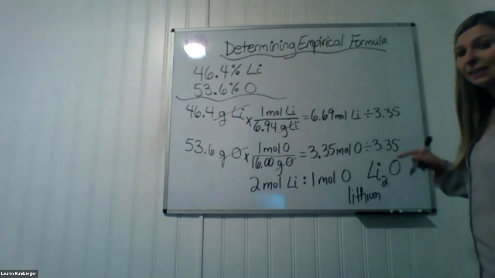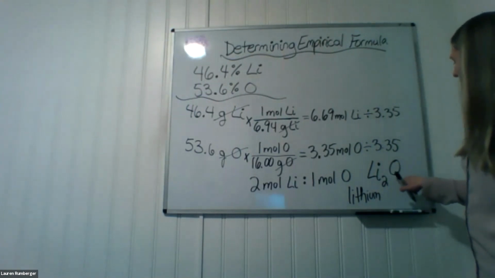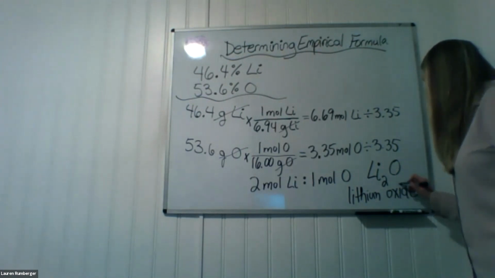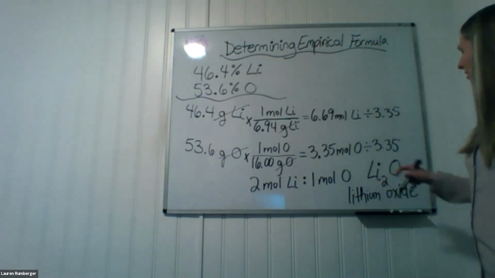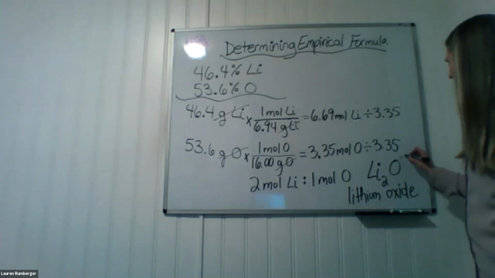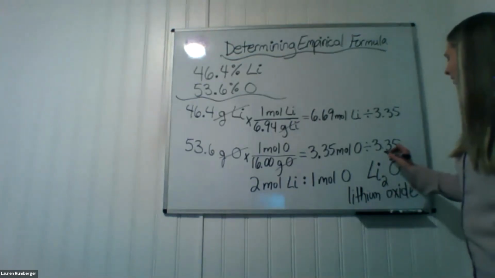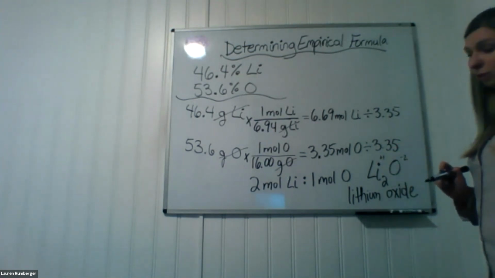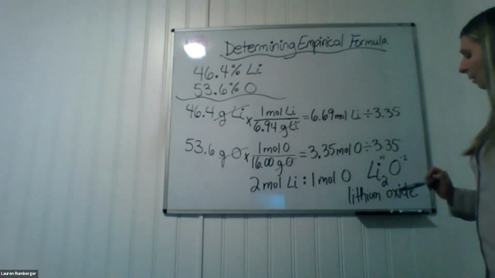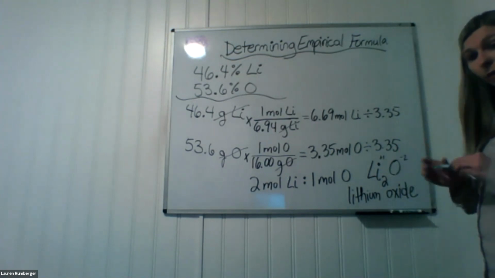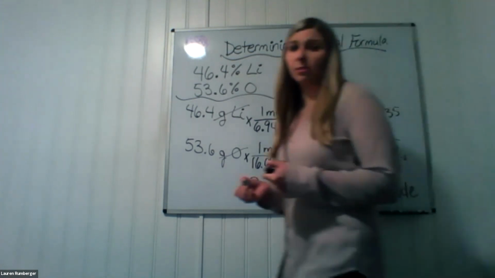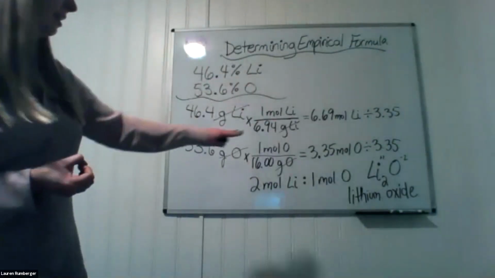We change the ending to -ide. So the oxygen becomes oxide. And there's 2 lithiums because the oxygen has a -2 charge and the lithium has a +1 charge, in order to balance the charges. So this compound has now been determined to be lithium oxide. Those yellow crystals have been determined to be lithium oxide.